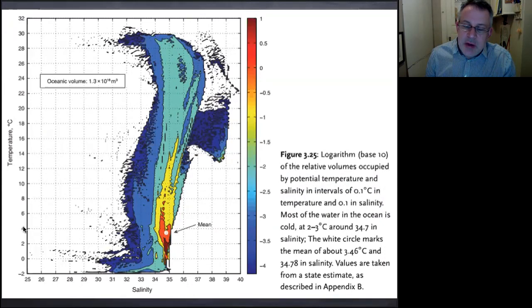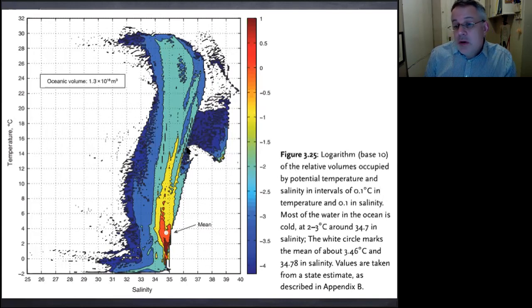And look, they're really cold, 4 degrees Celsius, pretty salty, 35 parts per thousand salinity. But there's also much warmer water, much fresher water. And then interesting anomalies like this, where this is really salty in a particular temperature range.